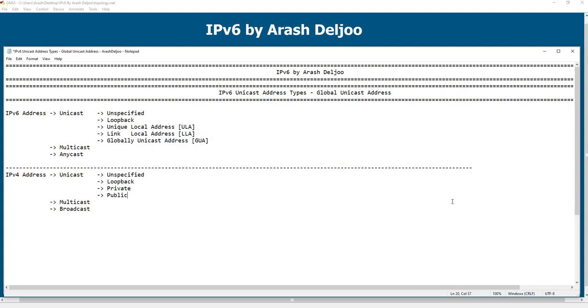If I want to compare IPv4 with IPv6, you learned in IPv4, for example in your CCNA studies, that every IPv4 address has two parts, a network part and a host part.